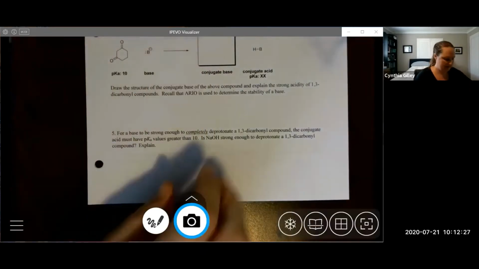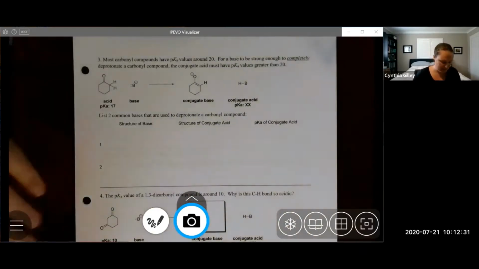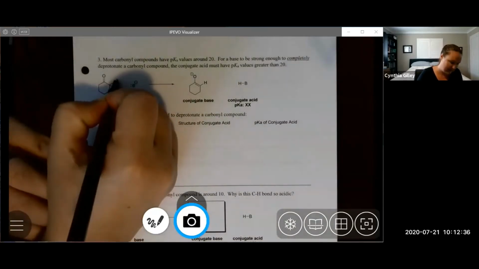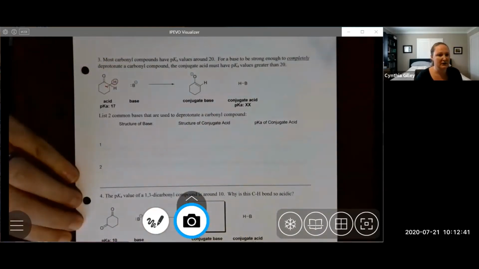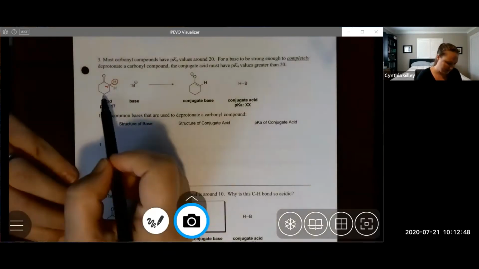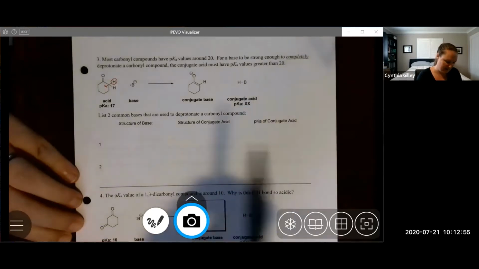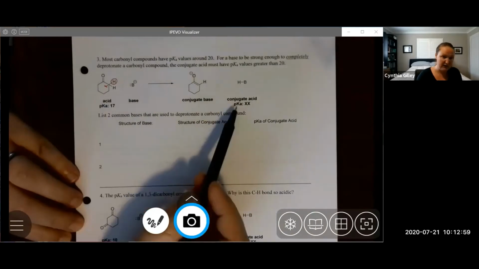Next page talks about how the pKa of the protons attached to the alpha carbon are typically in the range of 17 to 20. So if we want to have full deprotonation, then we need to have a higher pKa for the conjugate acid of the base that we use, because we know the equilibrium always favors the weaker acid.